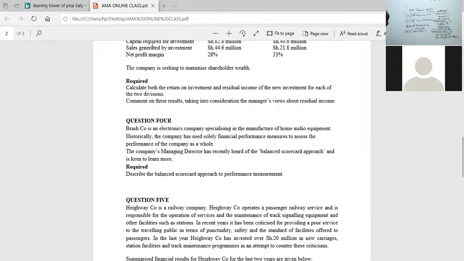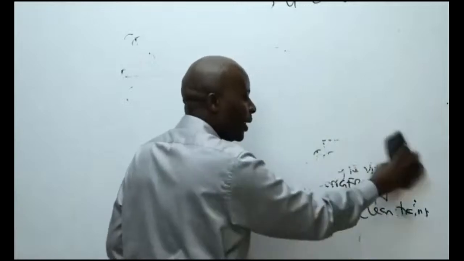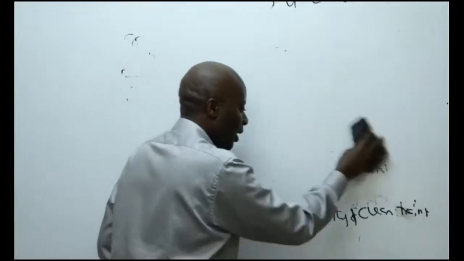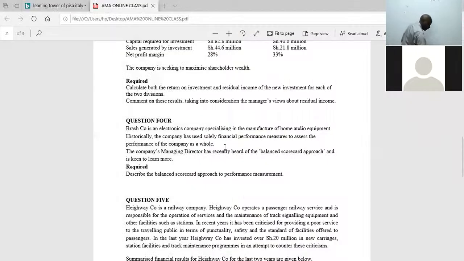We say, ladies and gentlemen, that you are to describe the balanced scorecard. The very best way of describing the balanced scorecard is to draw that diagram where you have those 4 components, and then of course tell us that a balanced scorecard basically measures the performance of an organization in 2 ways.